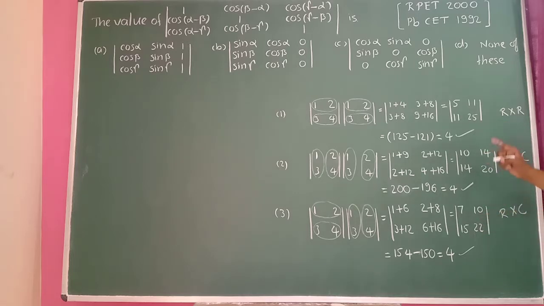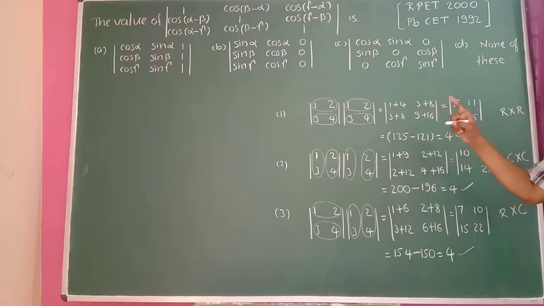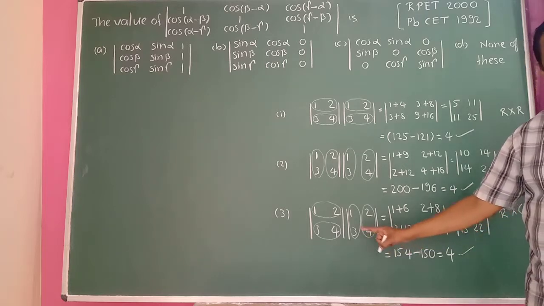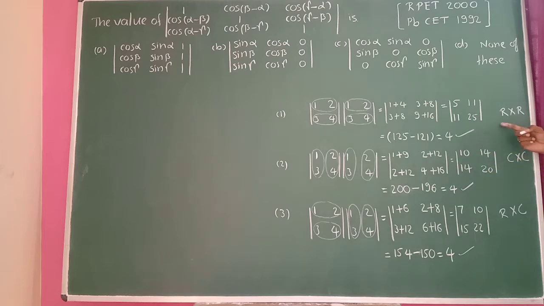This happens only in the multiplication of determinants. In a matrix, we multiply row with column, but in a determinant, we can use any one: row with row, column with column, or row with column. You will get the same answer.